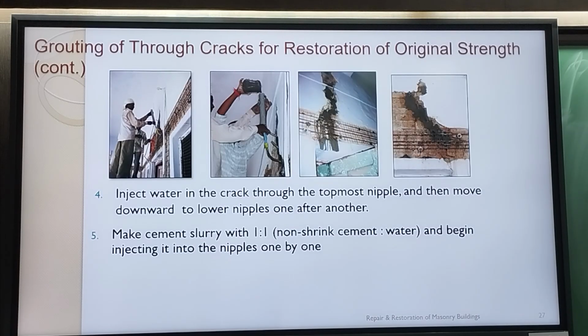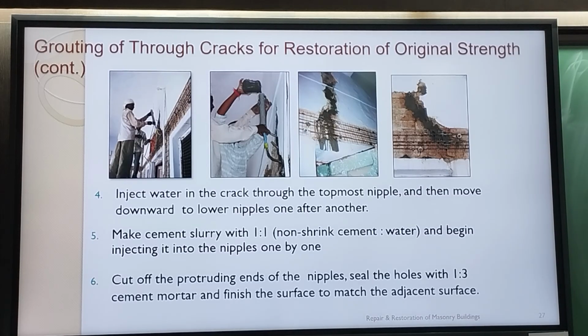It's a little tricky operation, and it requires patience. Once the whole crack is filled, then we cut off the nipples and we seal all of them with cement plaster, and then you finish it.